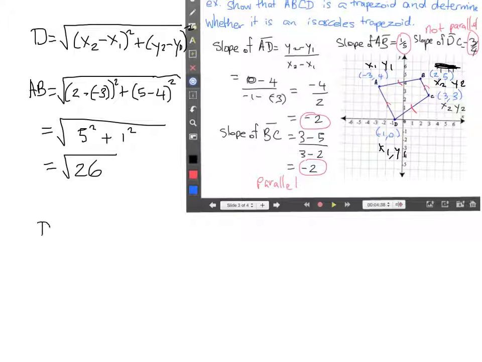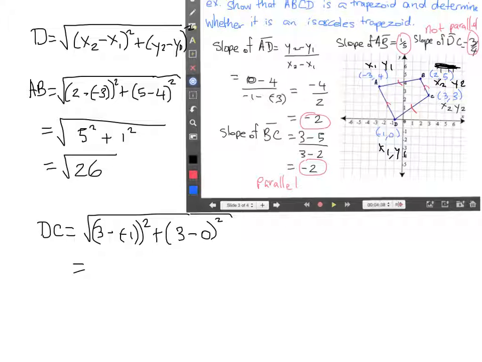So DC is equal to the square root of x2, which is 3, minus x1, which is negative 1, squared, plus y2, which is 3 as well, minus y1, which is 0, squared.